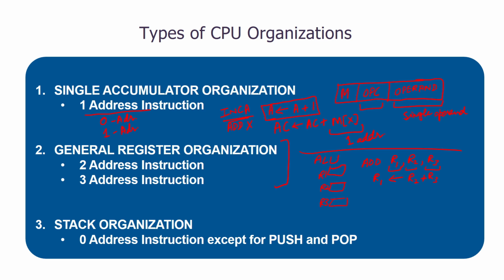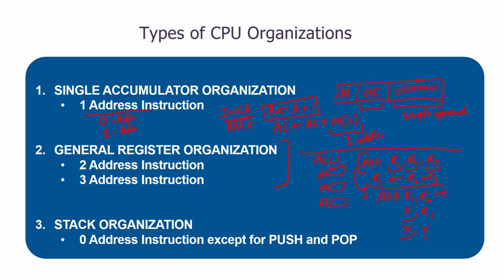Some people write the same code using 2 registers. How can we do it? ADD R1, R2, or we can write here X, R1, or we can write here X, Y. So X and Y are the memory locations, R1 and R2 are the registers.